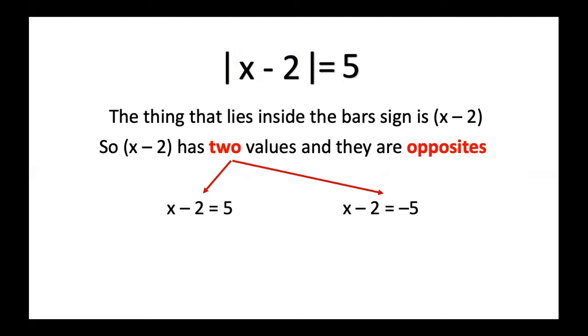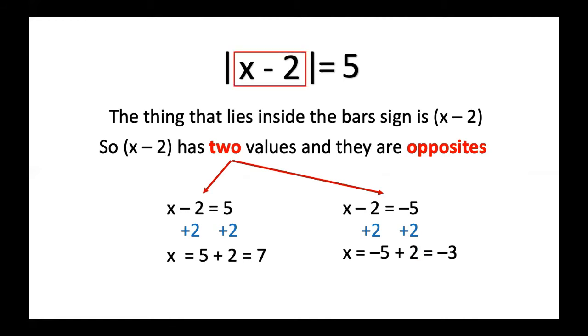Now, let's solve the first equation first. Add 2 to both sides, we will have x equals 5 plus 2, so x equals 7. Do the same to the second equation, and we will have x equals negative 3.